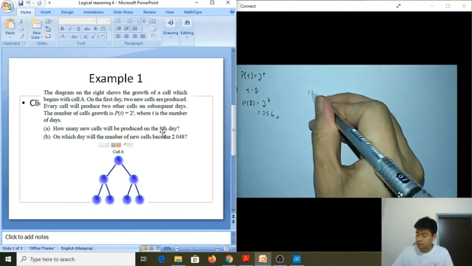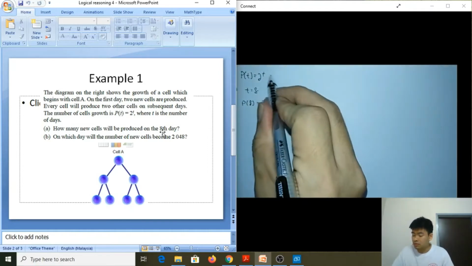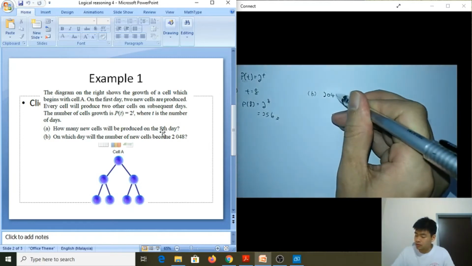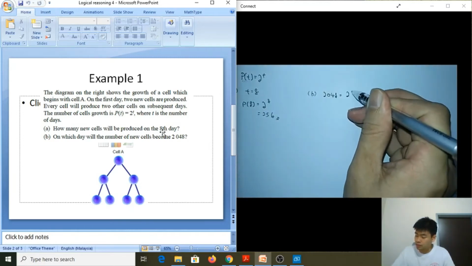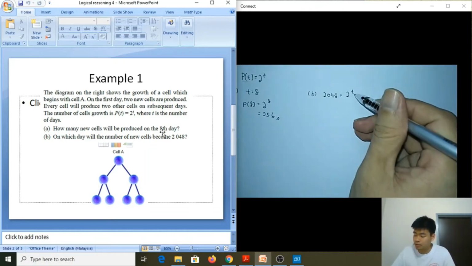So look at B. On which day will the number of cells become 2048? Now this question is asking on which day the number of cells becomes this. Again we are referring to this equation. I know that 2048 is Pt, so 2048 equals 2 to the power of t. I don't know the t, and t is exactly the variable that I want to find, because I want to find the number of days.